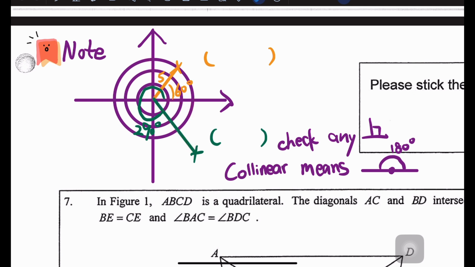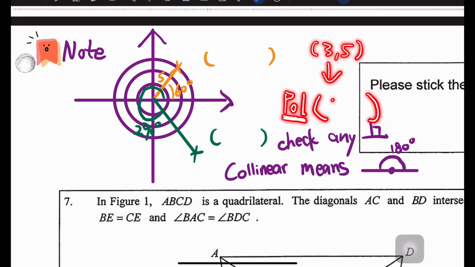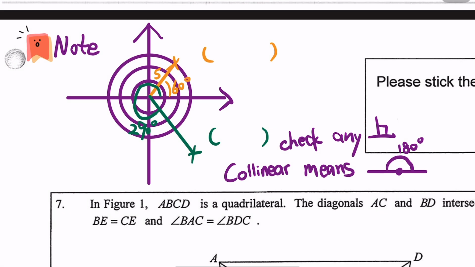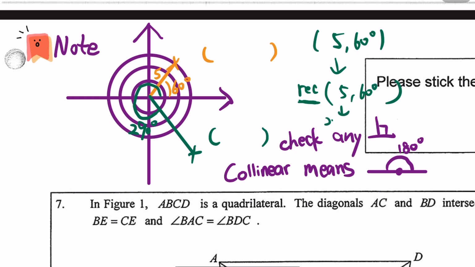And as I taught you, you can use the function in your calculator, which is this one. Let's say you want to change from the rectangular coordinate 3, 5 into polar, then how do you do it in the calculator? First shift, and then find this Pol in your calculator, and then you put 3 and 5 inside. It will give you first the length of this line, and then the degree. Now you want to change something in polar into rectangular, so in the calculator you need to find this one, and then shift Rec, put in the coordinate in polar, and then it will give you first x equals a number.